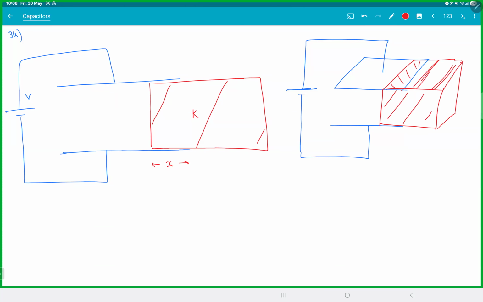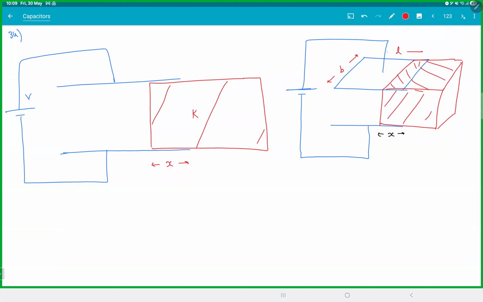You guys are able to visualize how it is? So that part is gone inside actually. So this distance was x. Let this be breadth b.